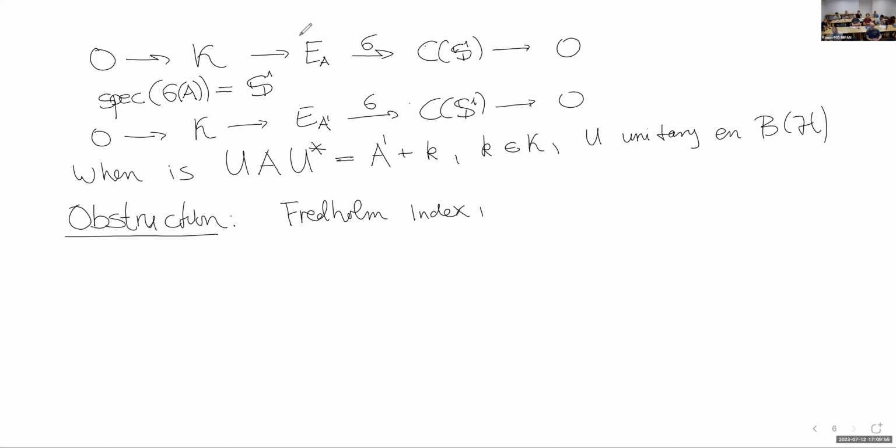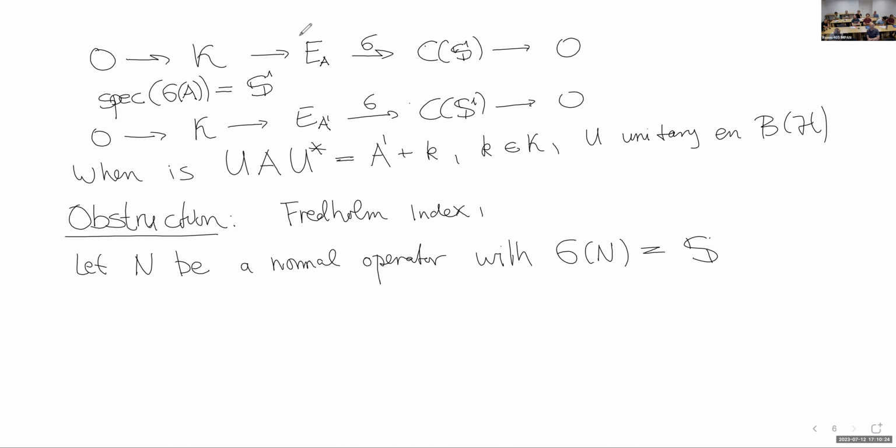So let N be a normal operator with essential spectrum S1. The algebra generated by N, its adjoint and compacts, we are in the setting.